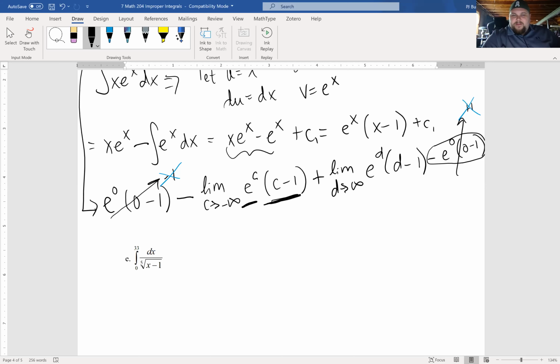So what happens to e to the c if c approaches -infinity? So basically, I'm asking you, what does this equal?